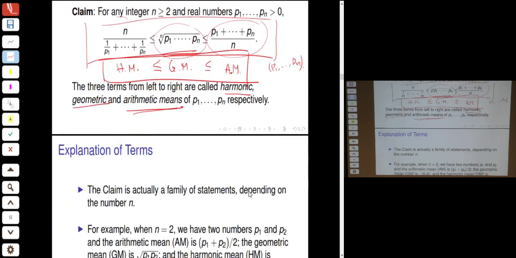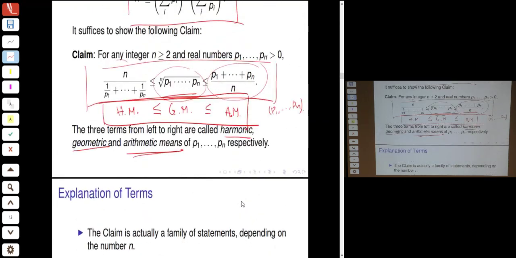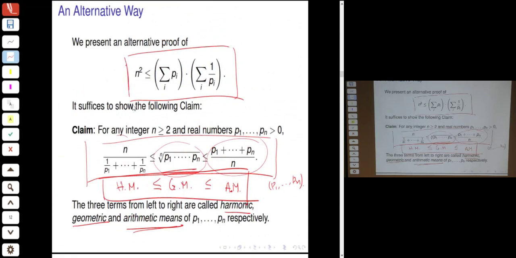So first of all, what does this mean and why is it true? First of all, notice how the inequality that we were looking for in the investment problem is related to this inequality. For the moment, forget the middle term. In particular, this implies that HM is less than or equal to AM, because the HM is smaller than the GM and the AM is already bigger than the GM.